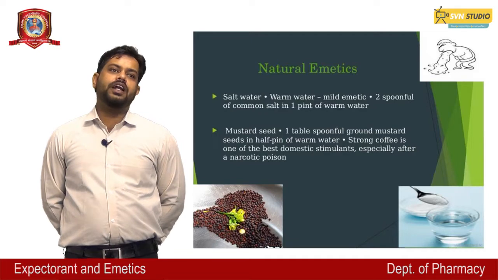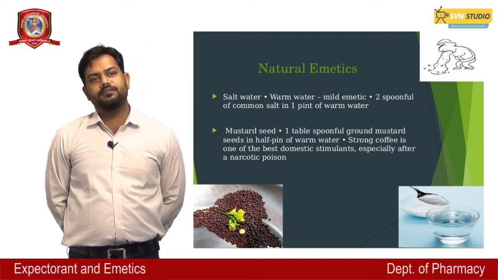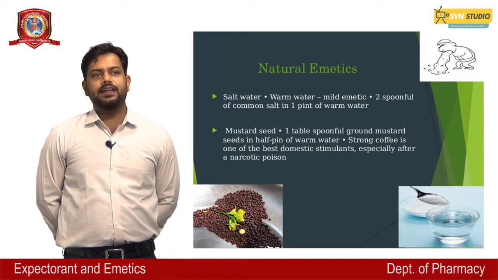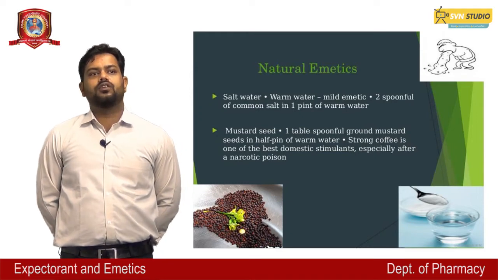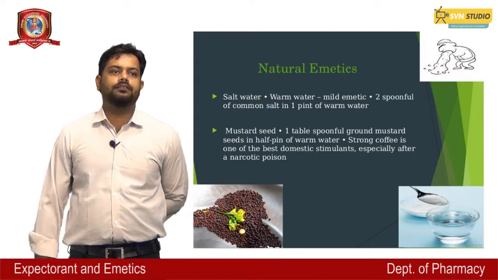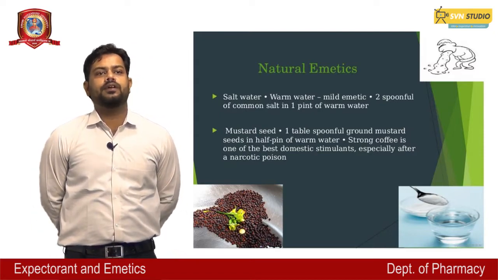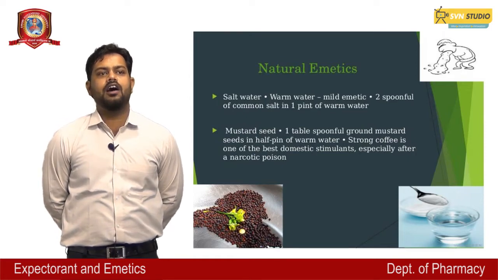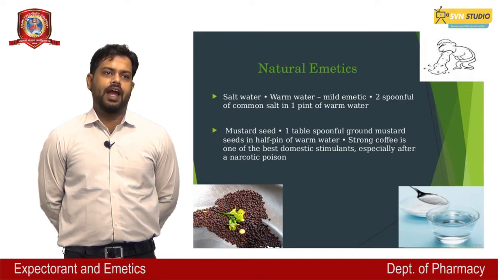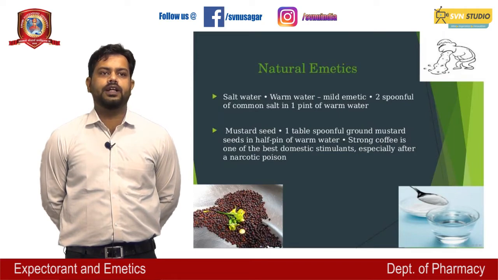Next is mustard seed, 1 tablespoon of ground mustard seed in half a pint of warm water, plus strong coffee, one of the best domestic stimulants, especially after a narcotic poison.